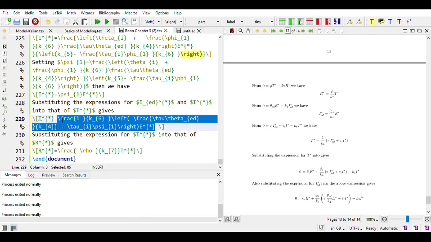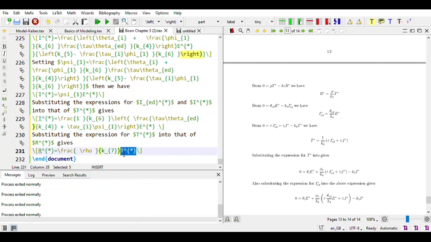So I'm going to copy it and put it in place of the T star in the expression for R star.